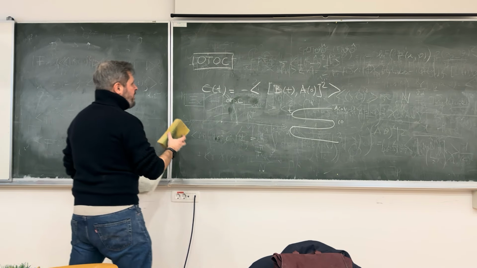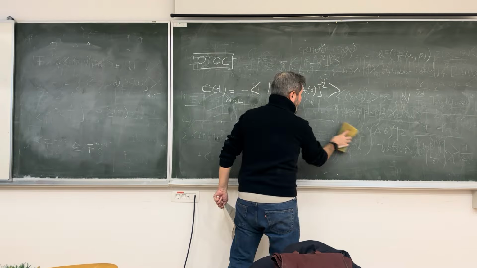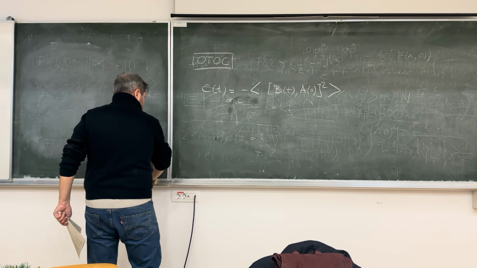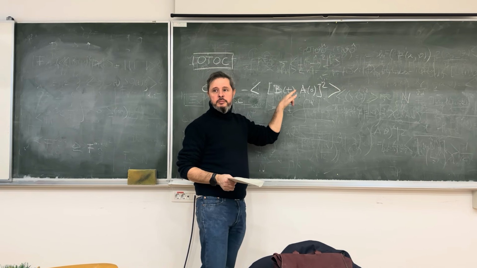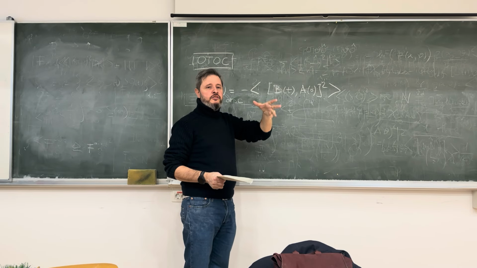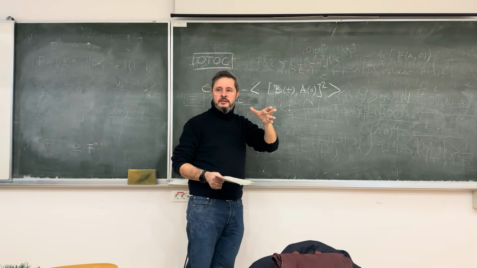Now, what is this object? First of all, let me mention why it is something that might give you information about the fact that you're not in a thermal state.